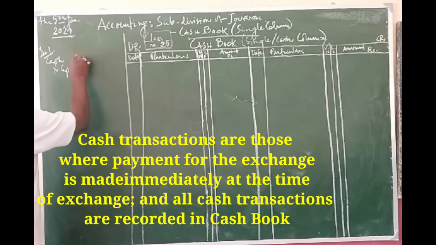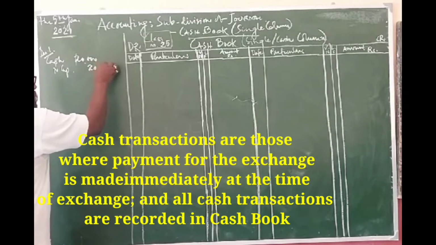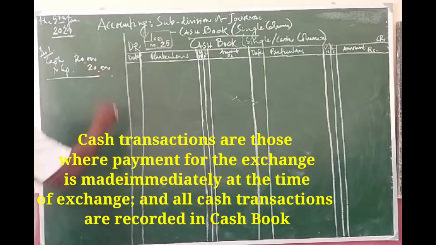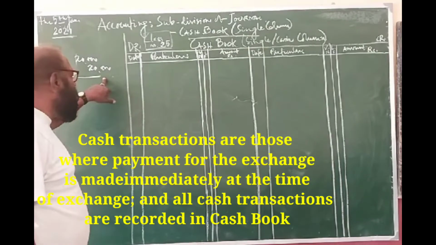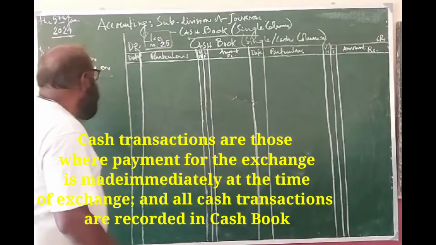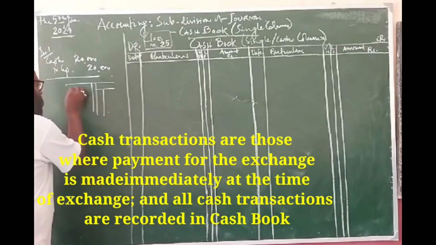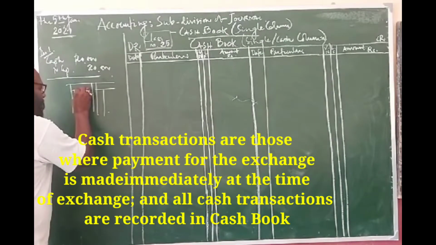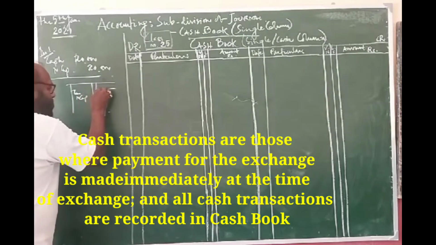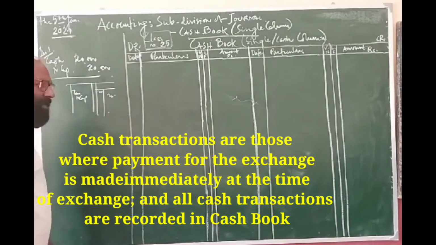It is 20,000. Cash account debit to capital. In normal cases, in our journal entry, we have made that type of statement: to cash account debit to capital, 20,000, 20,000. In that way we have recorded.